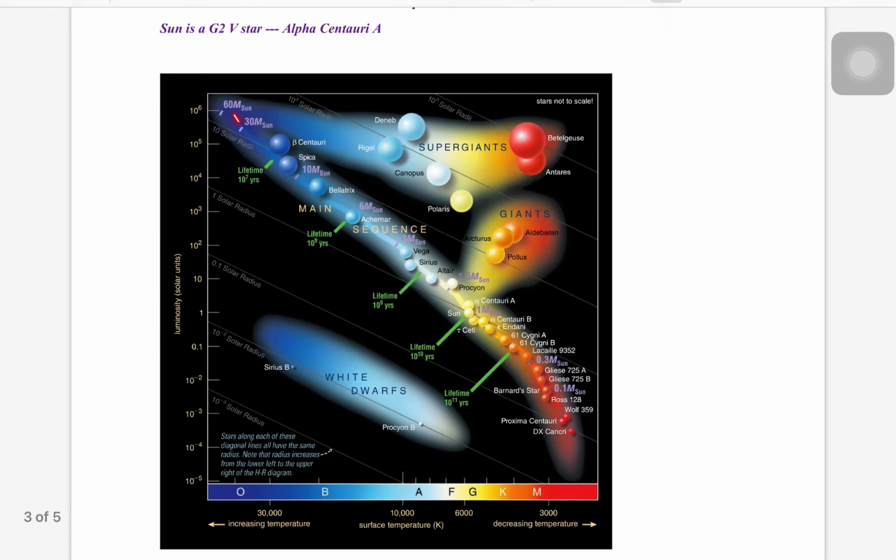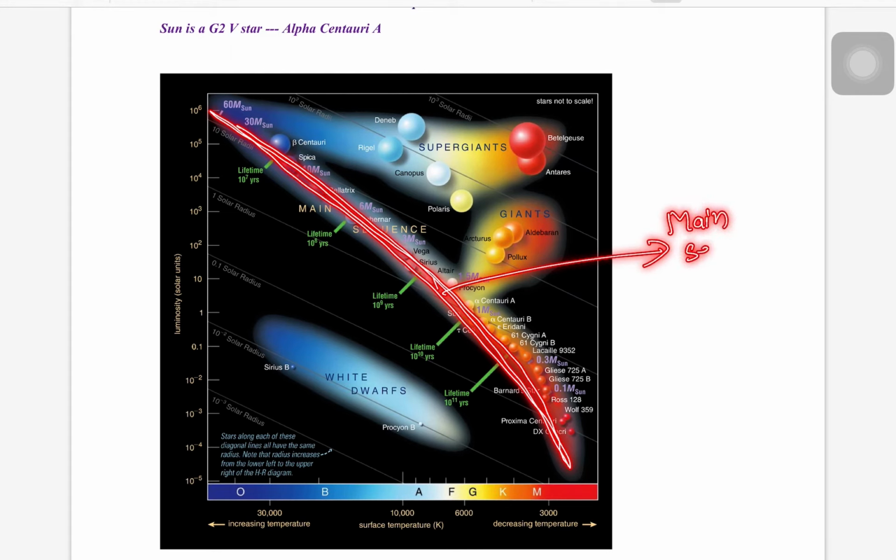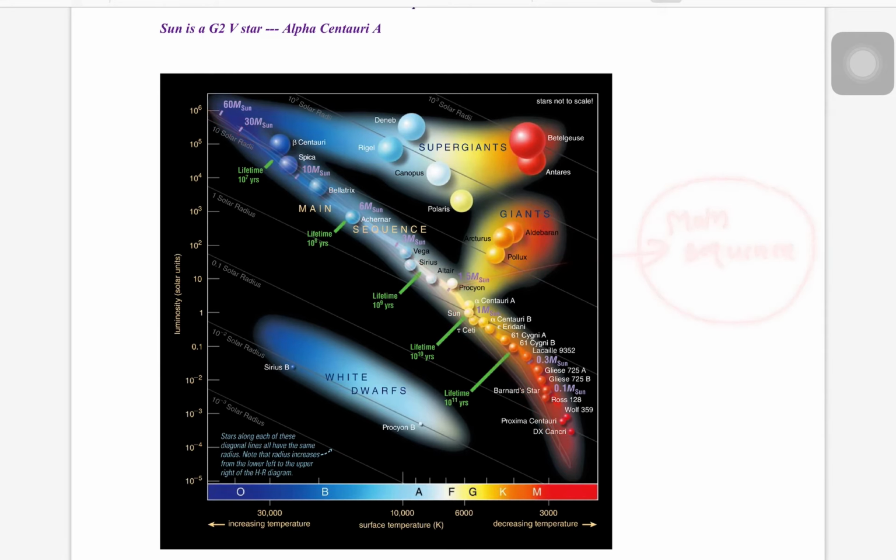And also remember this line here, our sun lies on this line. This is called the main sequence. So the stars closest to the sun would also have to be on this line, that is, main sequence stars.